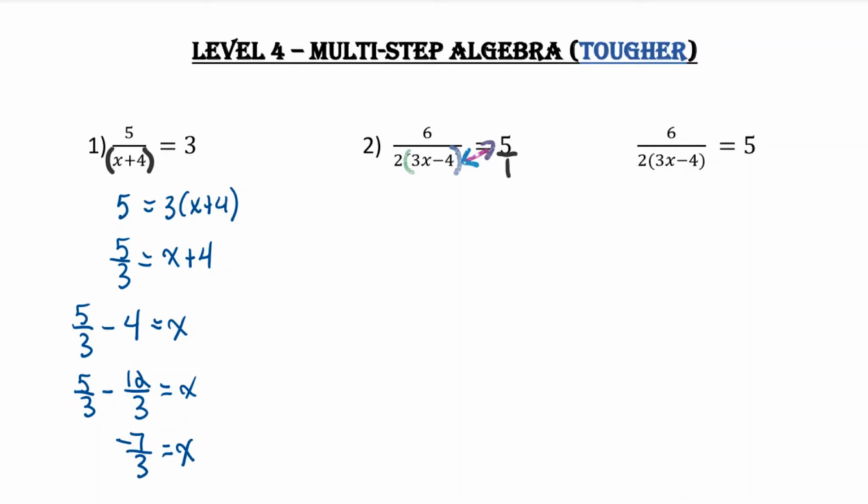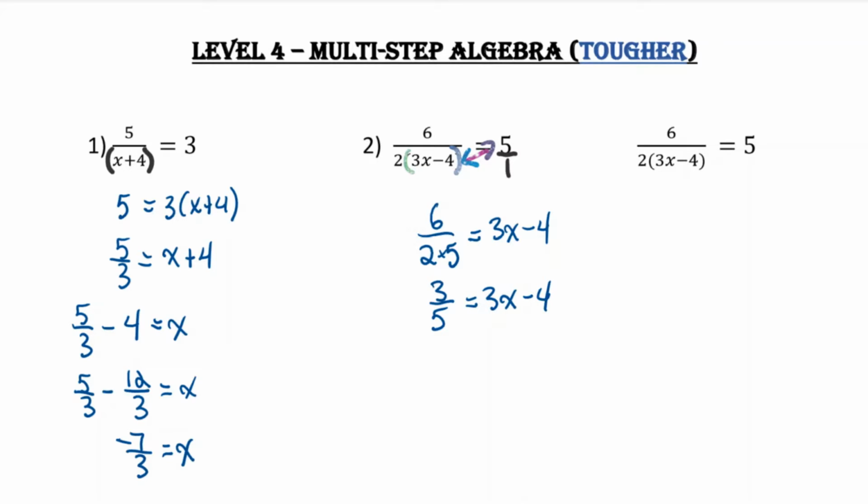This 5 can slide back down here, and this results in having 6 over 2 times 5 equals 3x minus 4. And this is all over 1, but I'm not going to bother including that. Rather than going 2 times 5, I can go 6 divided by 2, which is 3, leaving me with 3 over 5 equals 3x minus 4.